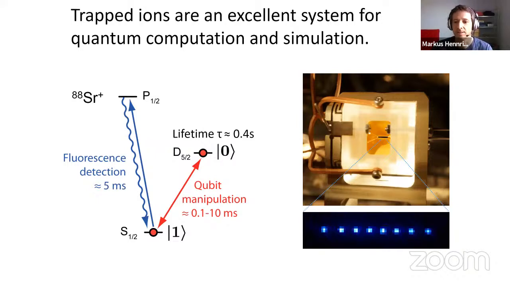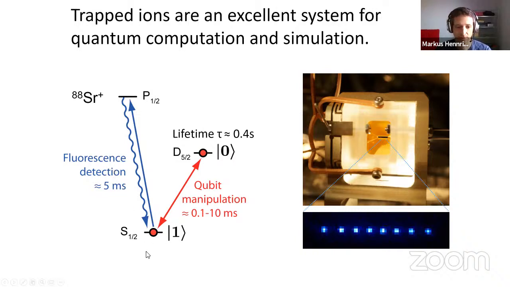So as I said already yesterday, we are working with strontium ions, and we want to use them for quantum computation in principle. Of course, in our system, we want to use Rydberg ions for the Rydberg interaction for quantum gates. But the qubits are still encoded in low-lying states.